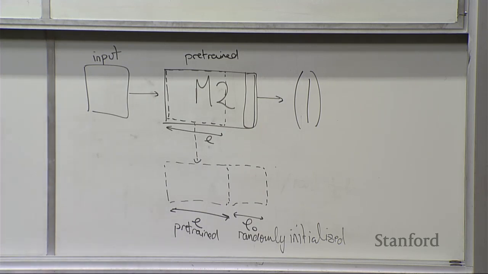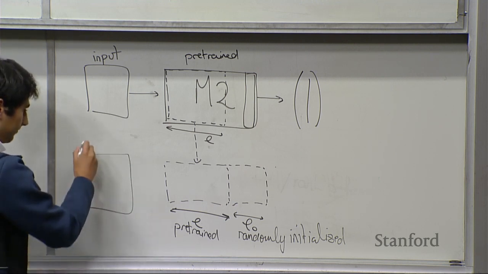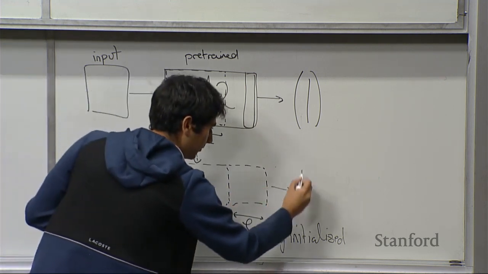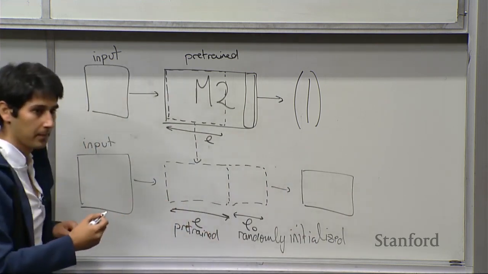Anyone sees the third one? The third one comes when you decide to train this new network. You have the input image, give it to the network, get the output segmentation mask.